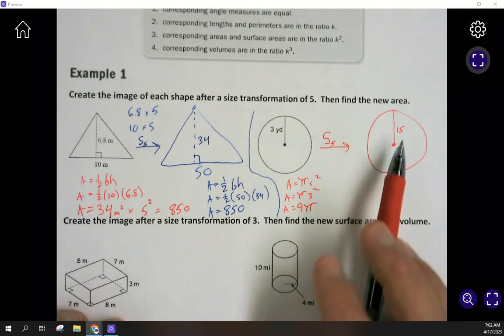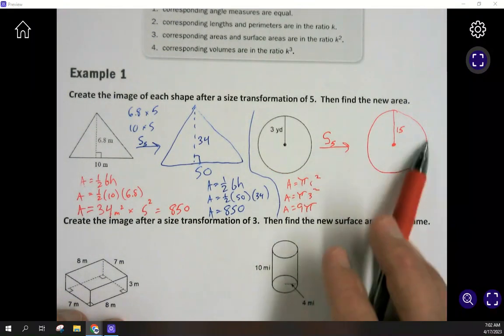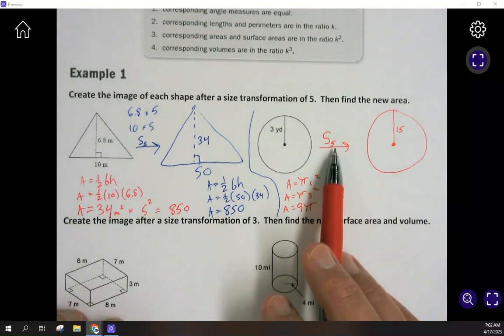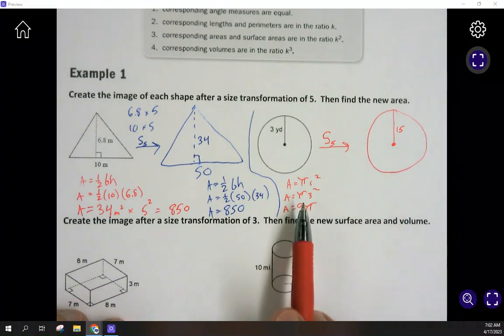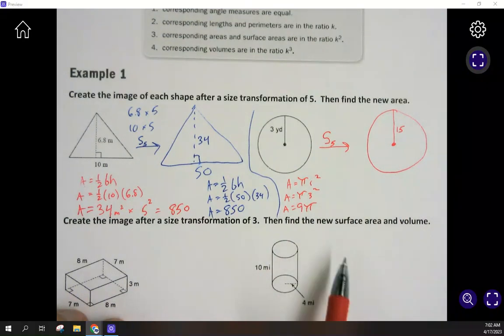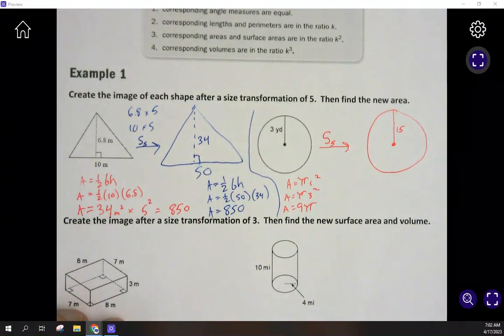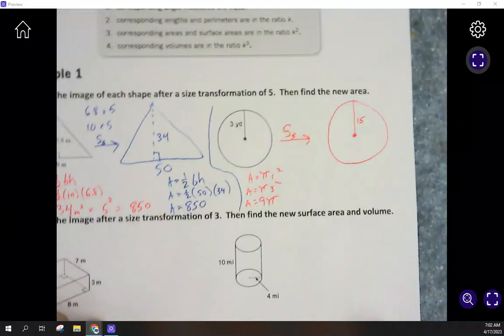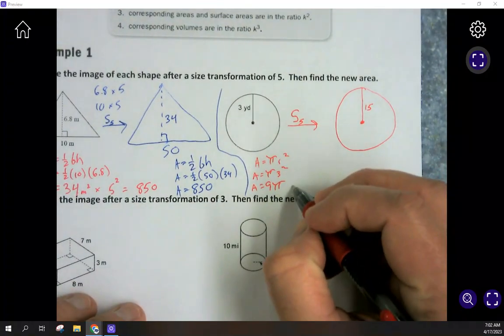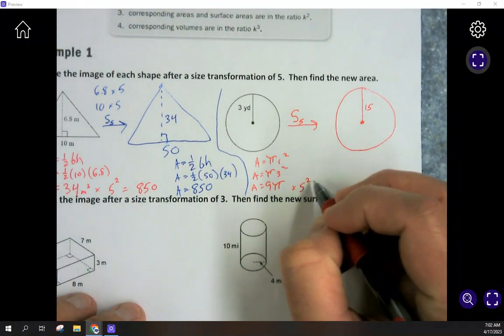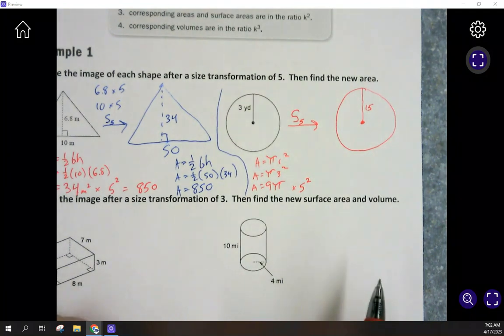And so if we perform a size transformation of 5, some people would just times this by 5 and say, oh, the new area must be 45 pi. But according to this new theorem that we're looking at here, it's going to increase not by 5 times, but by 25 times, 5 squared.